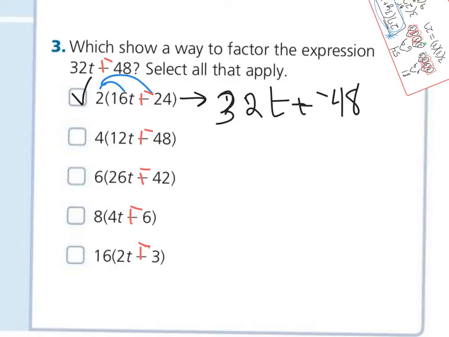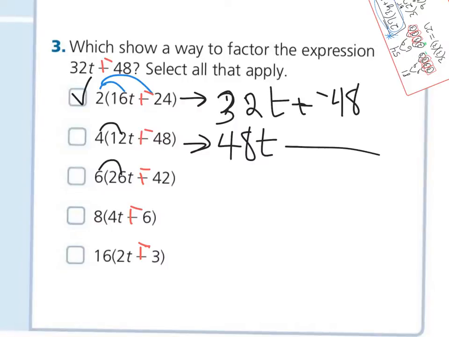So that one works. If we look at our second one, we distribute here. 4 times 12 is what? 48. So that'd be 48t. I don't really care what this other part is. It's not going to be 32t something. So that one doesn't work.